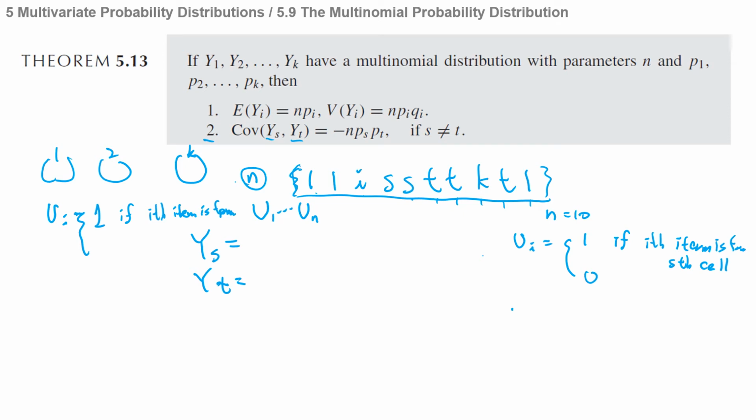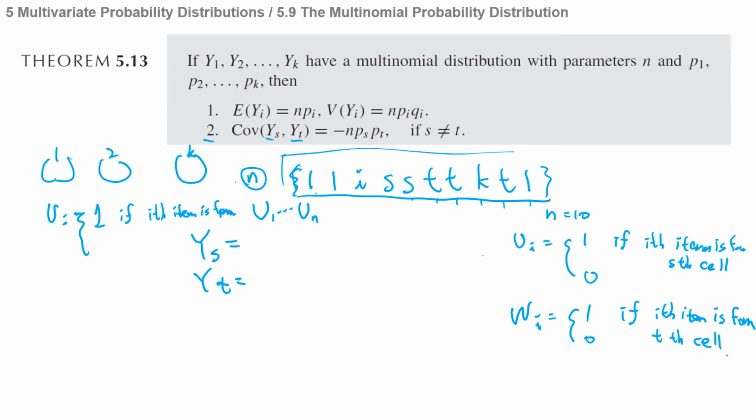And Wi is 1 if the ith item is from the t cell, and 0 otherwise.